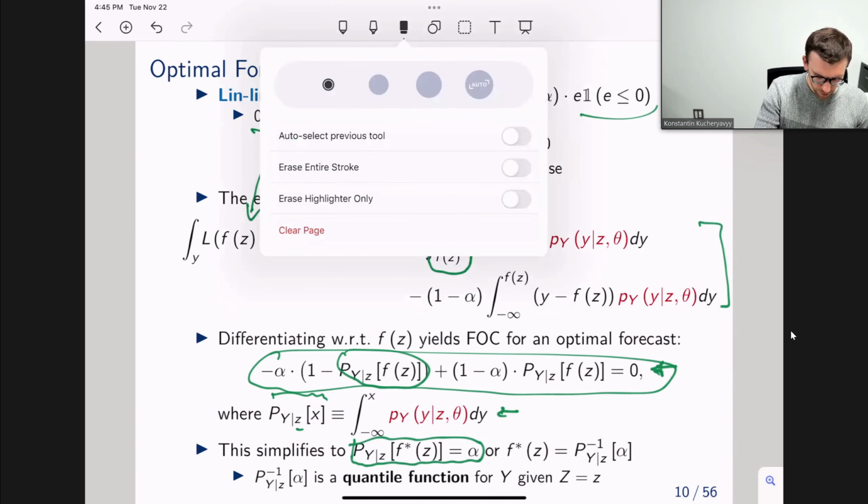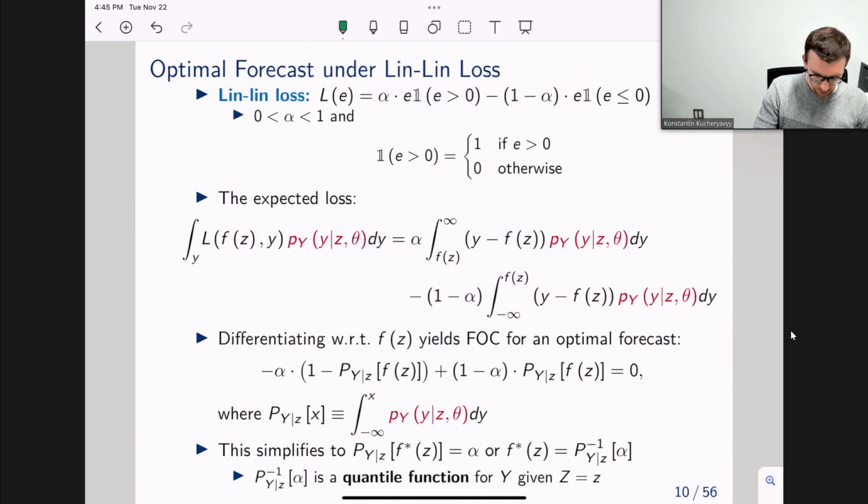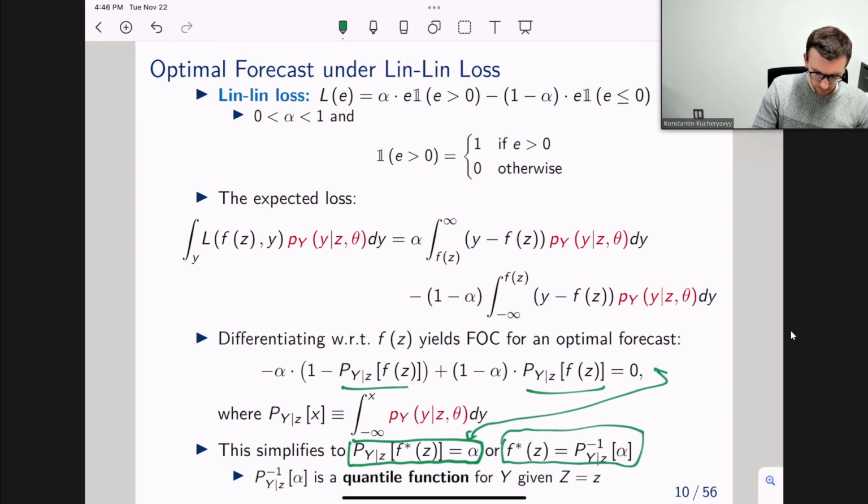So you can just simply solve it, bringing one part here, and what's left is alpha on the other side. So we get this from here, and then we can just invert it and get this as a solution for the optimal rule, where p inverse, this guy, is the quantile function of y given z.